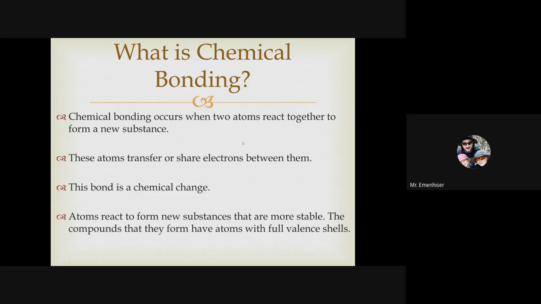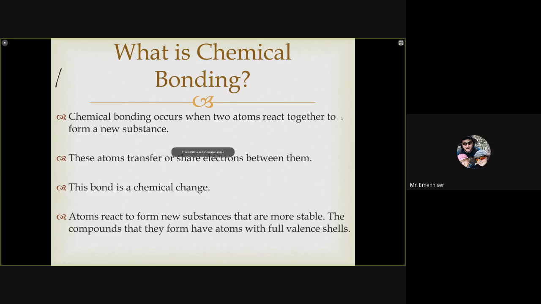What is a chemical bond? What is chemical bonding? Chemical bonding occurs when two atoms react together to form a new substance. So you take A, you take B, you combine them into a molecule AB. Now again, sometimes we can call it a molecule, sometimes we can't, but it will form a covalent bond.